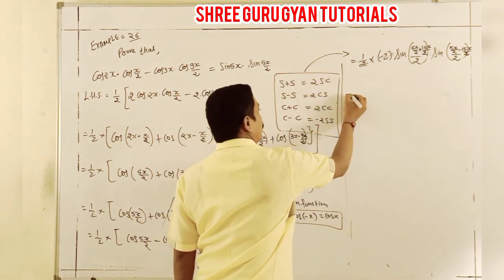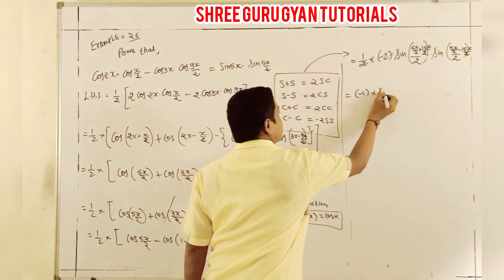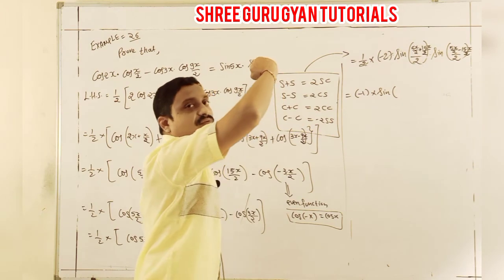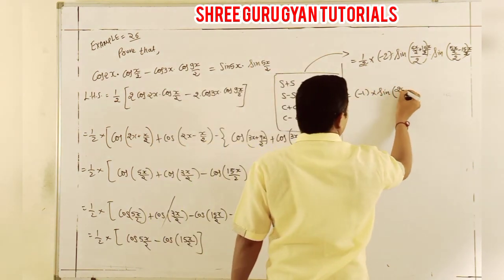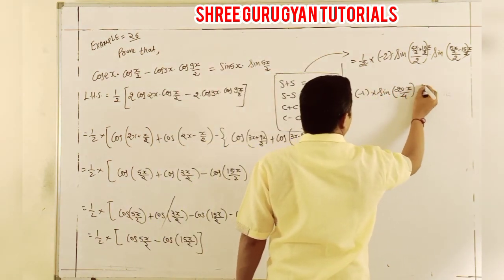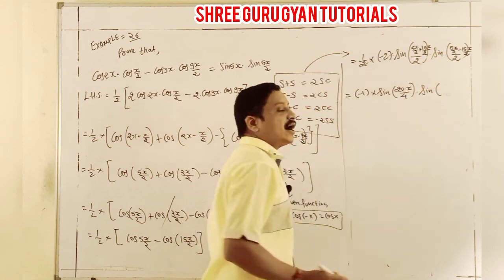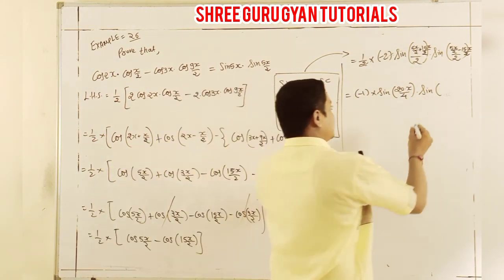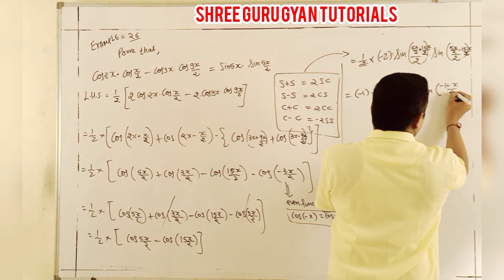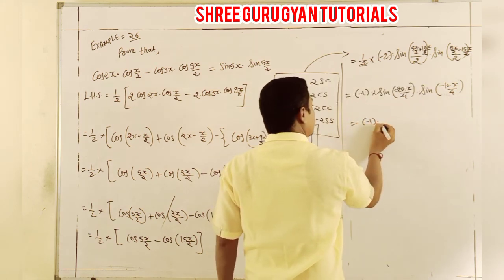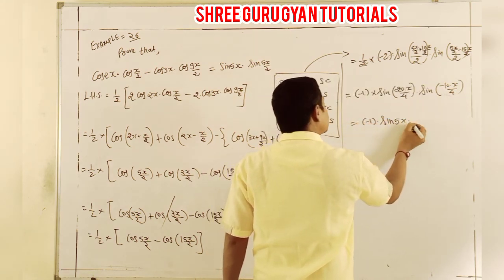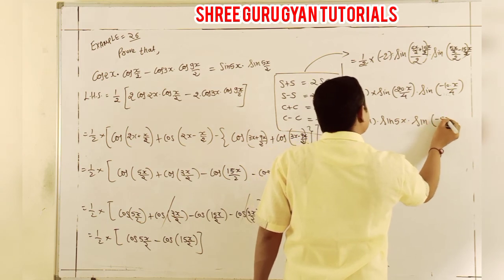Only I have minus 1 sine: 15 and 5 is 20 by 2, 2 2s are 4, same, 5 minus 15 is minus 10 by 4. Now you get only sine 5x and here minus 5x by 2.